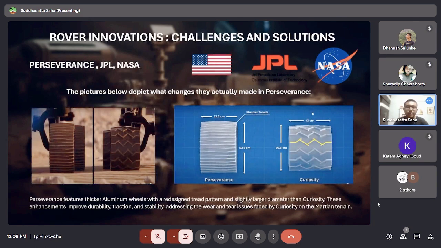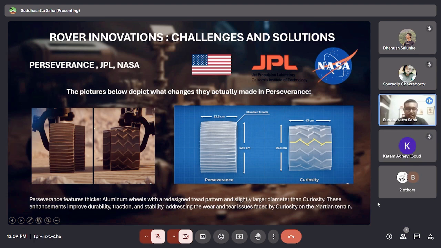They used wheels of improved, new dimensions. On your right, you can see the Curiosity wheels, and on your left, you can see the Perseverance wheels. You can see a lot of differences, like the diameter has been increased and the thread pattern has been changed. After rigorous analysis and study, they determined that this type of pattern has more load bearing capacity.